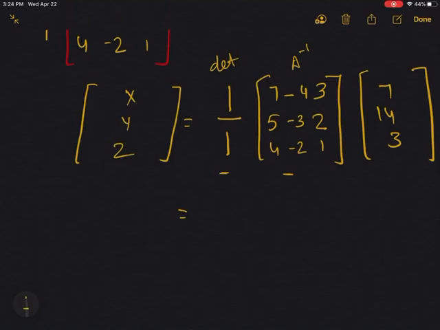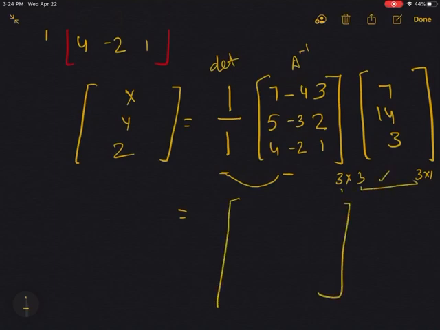Remember I told you don't multiply by the determinant first because then everything's going to become a fraction, which is not going to be easy to simplify later on, right? So I would multiply these matrices first. If I multiply these, again, I hope you remember the insides are the same. Check mark.